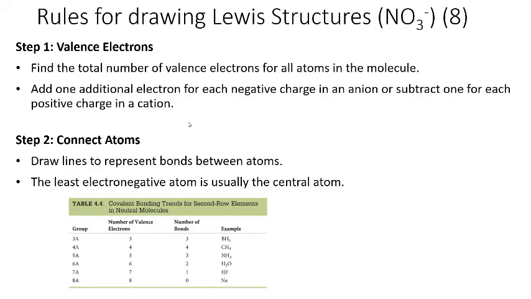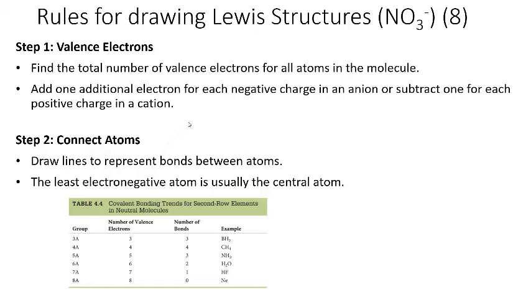Okay, so rules for drawing Lewis structures. So we went over in the previous lecture some very basic Lewis dot structures. But as the molecules get to be more complex, we need to have a more comprehensive set of rules for drawing proper Lewis structures.